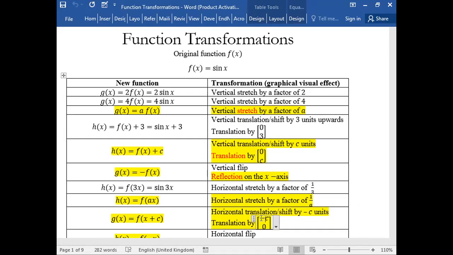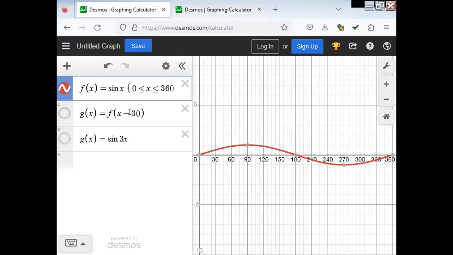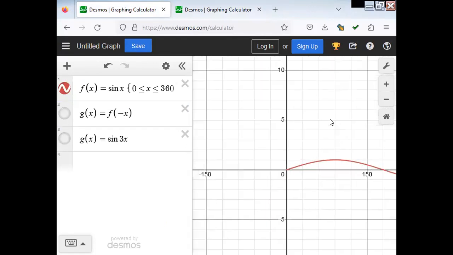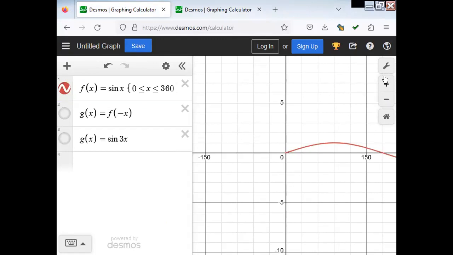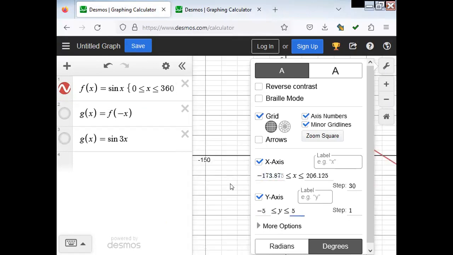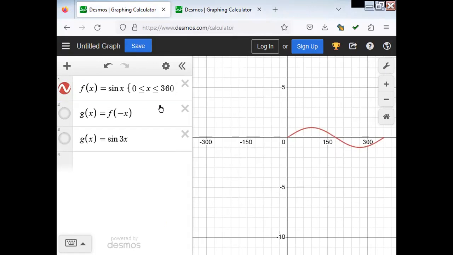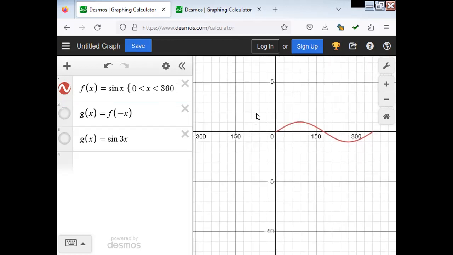Now what if I would have multiplied the input with a negative sign? What would I see? I have not shown you the transformed graph yet, this is the original graph of sin x.